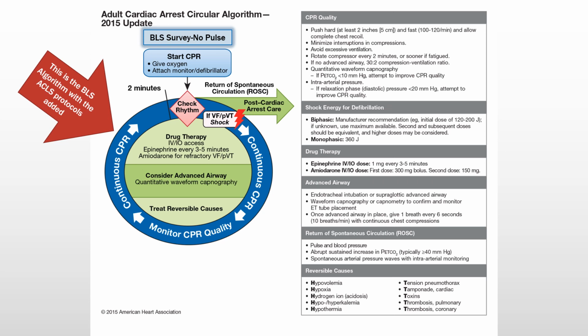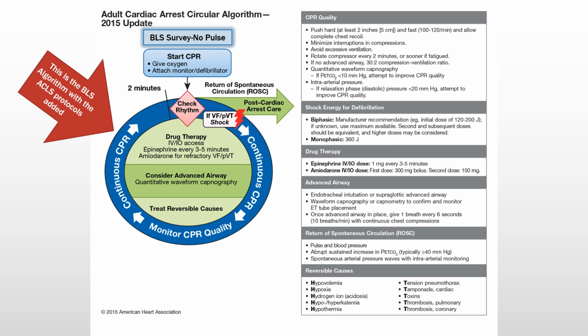All right. So drug therapy that you need to know would be the epinephrine dose, 1 milligram every 3 to 5 minutes, and amiodarone. The first dose is 300 milligrams and the second dose is 150. If it's decided that an advanced airway needs to be placed, once the ET tube is placed, then we would ideally use waveform capnography, though not every facility has that capability.